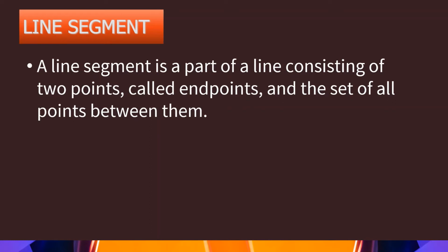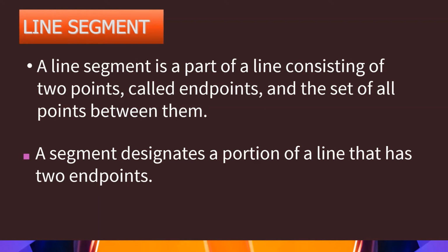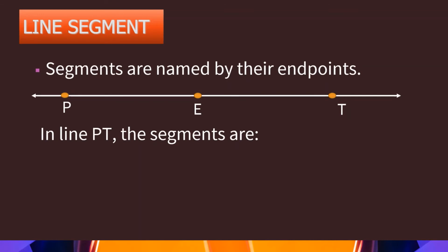Another is a line segment. A line segment is a part of a line consisting of 2 points, called endpoints, and the set of all points between them. A segment designates a portion of a line that has 2 endpoints. For example, we have here a line segment. Segments are named by their endpoints.